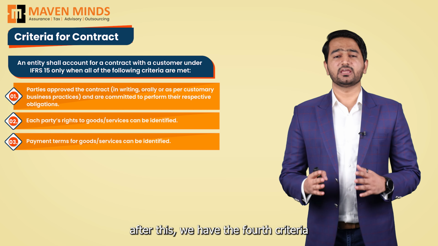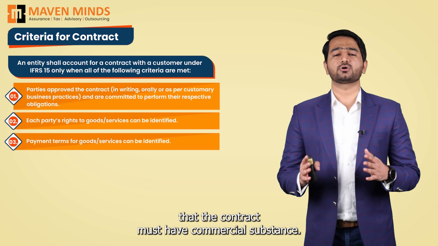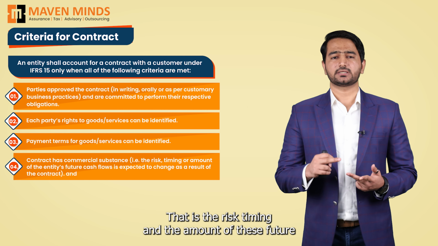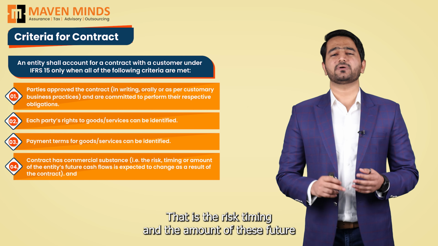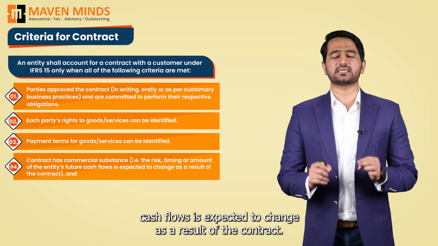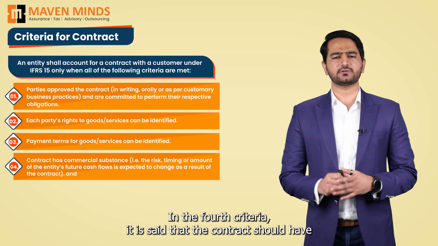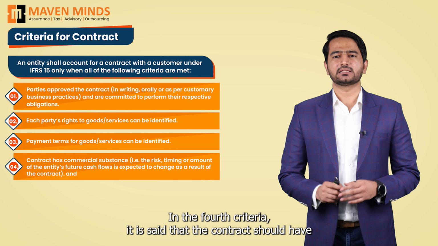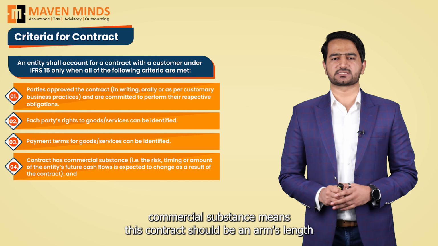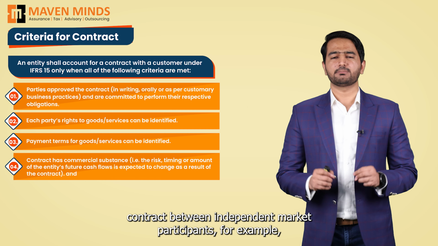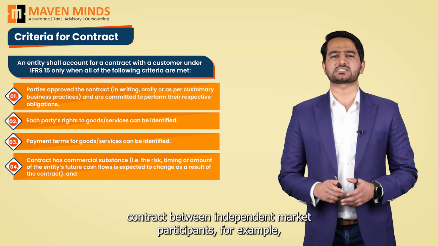After this, we have the fourth criterion, that the contract must have commercial substance, that is, the risk, timing and the amount of the entity's future cash flows is expected to change as a result of the contract. In the fourth criterion, it is said that the contract should have commercial substance, meaning this contract should be an arm's length contract between independent market participants.